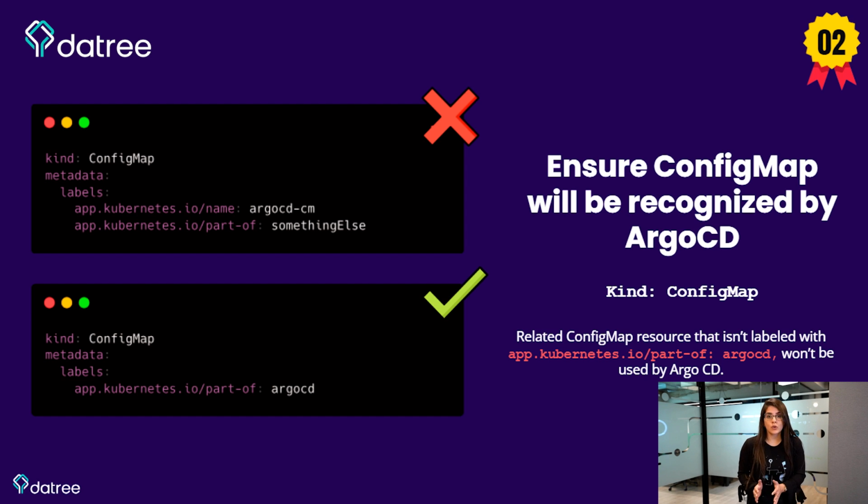And if we do so, we must ensure that we label our config maps with part-of Argo CD, because otherwise Argo CD won't be able to use them. You won't see any error. You will simply scratch your head and won't understand why this is not working. Trust me, I've been there. So make sure that if you use one of the config maps, one of the internal components of Argo CD, you label it part-of Argo CD.